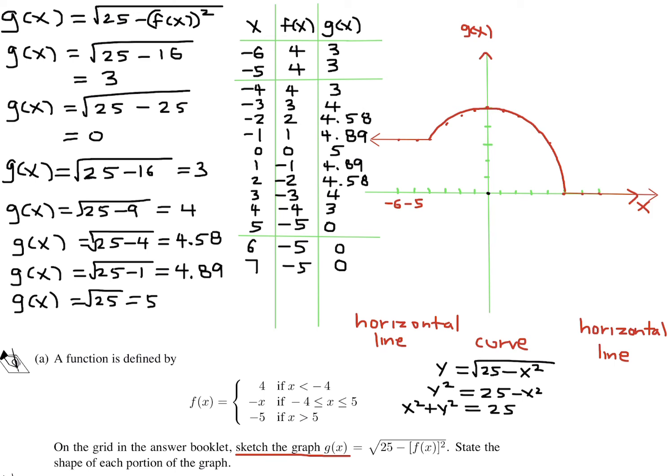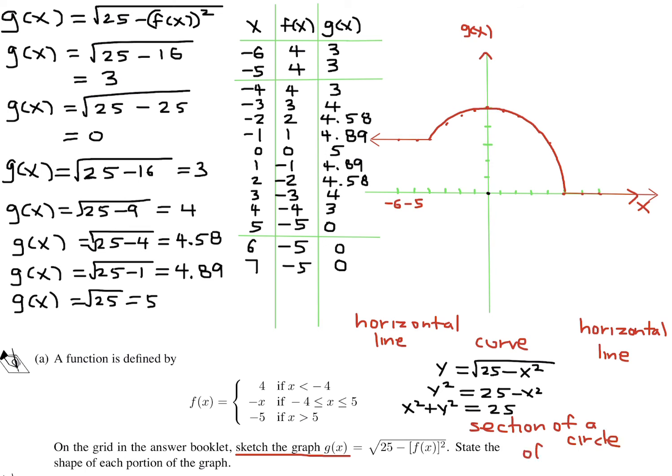So basically, if you wanted to describe in words the shape of that curve, it's just part of a circle. So a section of a circle, I guess, would be the way you would describe it. Instead of saying curve, you say section of a circle.